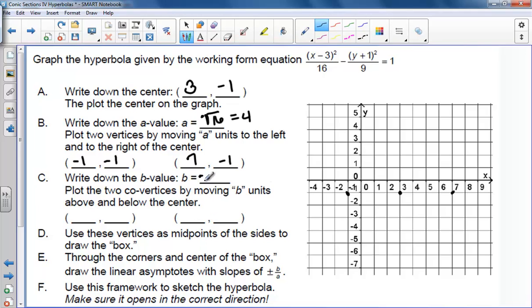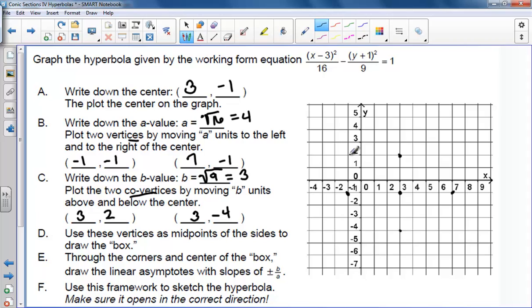My b value will be under my y term as the square root of 9, which is 3. And so from my center, I'm going to go up 3 and down 3. So at 3, 2, I have a point. They've actually told us that these are our co-vertices and these are our vertices. And at 3, negative 4, I have a point.